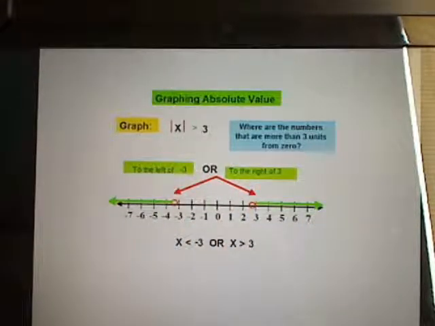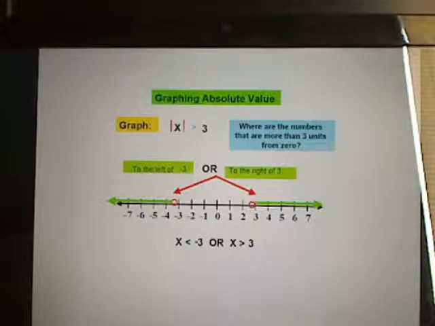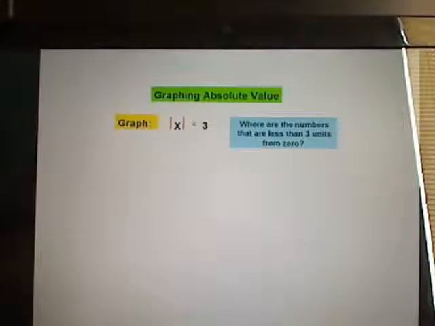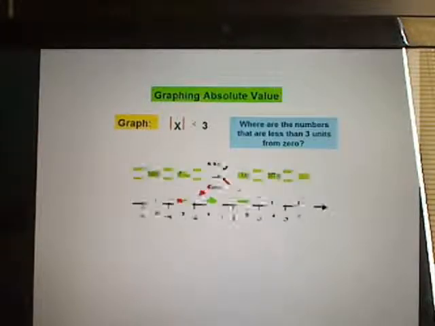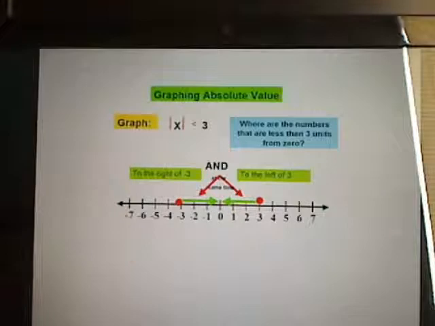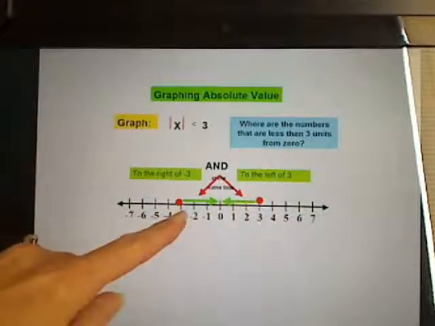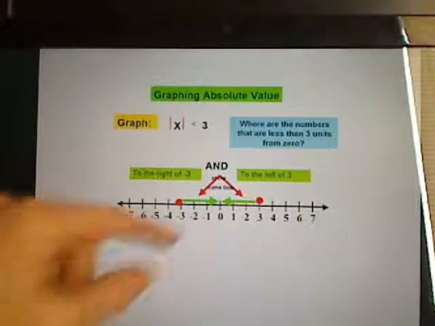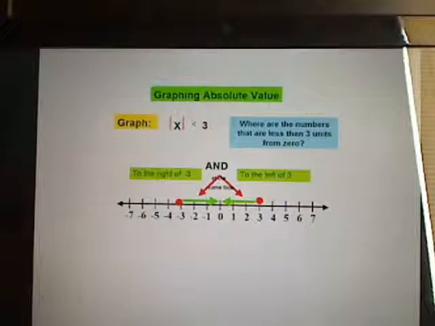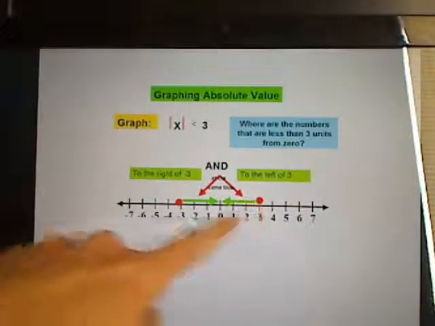Now, when we have an absolute value that is less than 3, what are the numbers that are less than 3 units from 0? Well, if we think about the number line, and we know the two numbers, again, that have an absolute value of 3, -3 and 3, what are the numbers that are less than 3 and between 3 and -3?